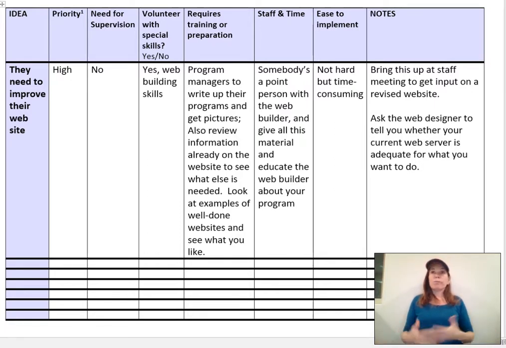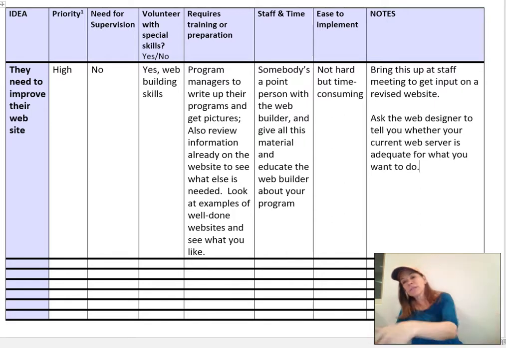And you may need to think about, what does it need? It needs to keep membership lists. It needs to maybe have a place where you can sell event tickets online, whatever. So maybe you've got a lot of stuff that you're going to have to look into or ask the web designer to help you look into.